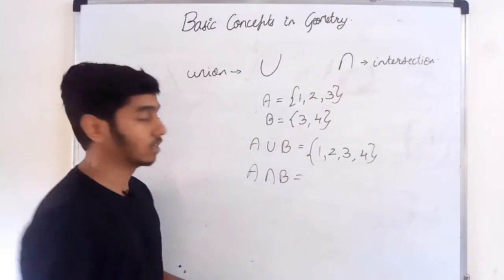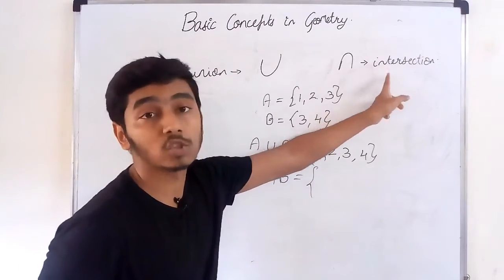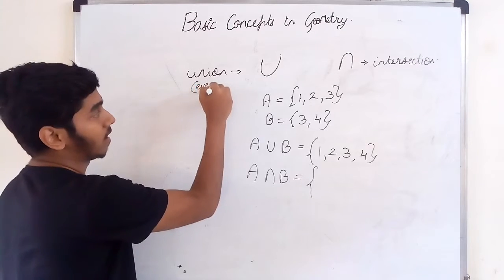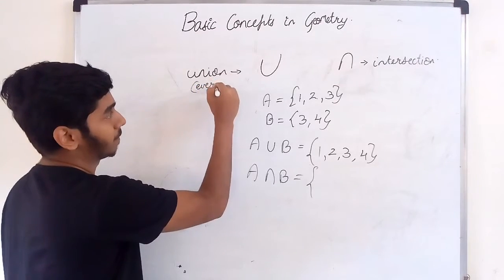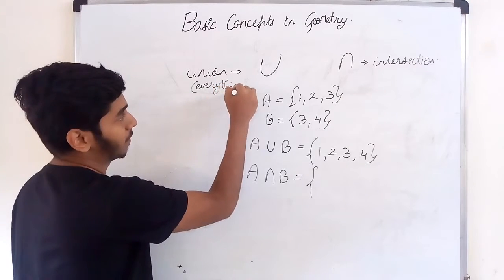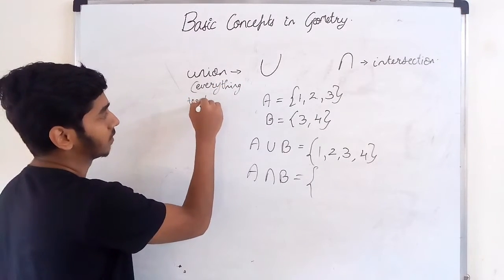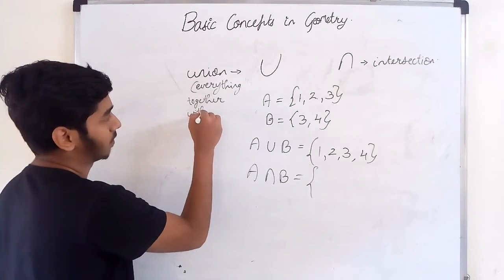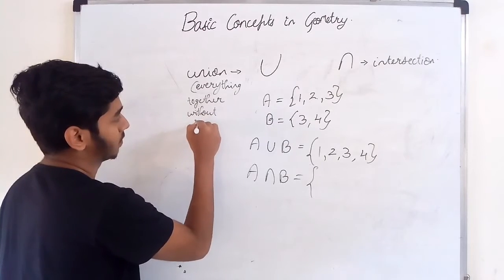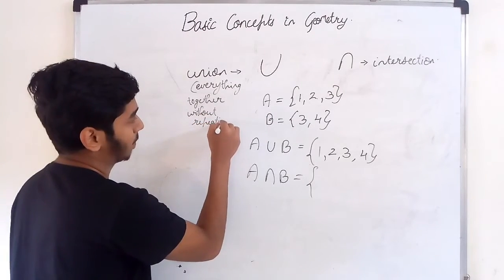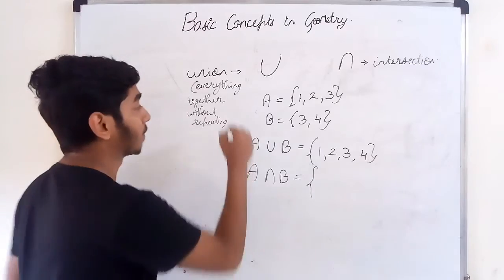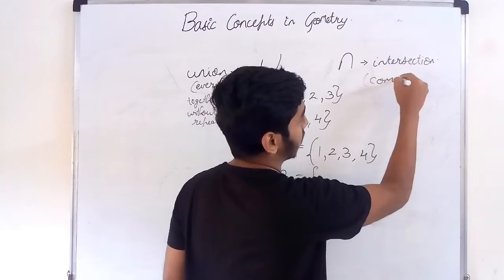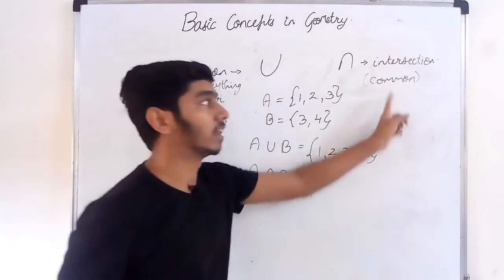Now let's see what is intersection. A intersection B. Intersection says what is common, so you can say common elements.